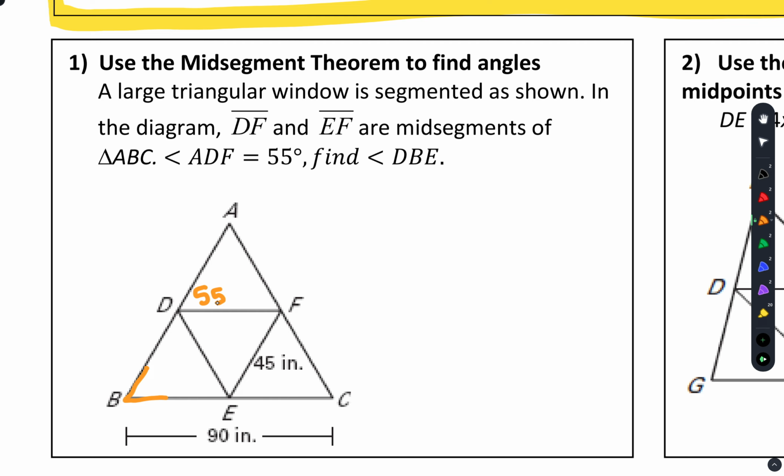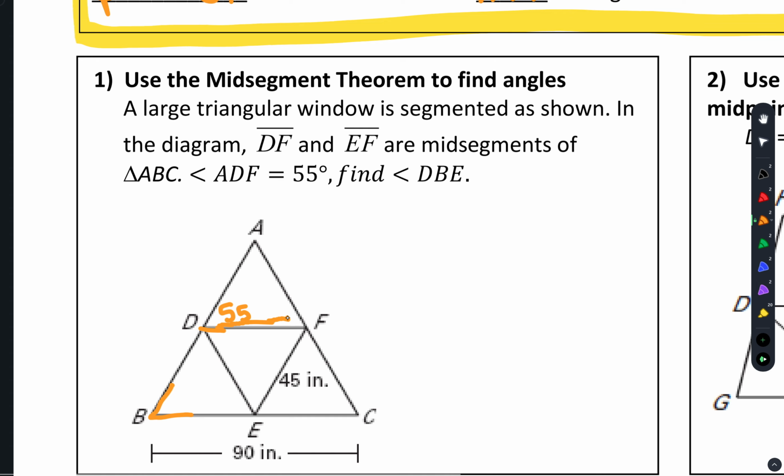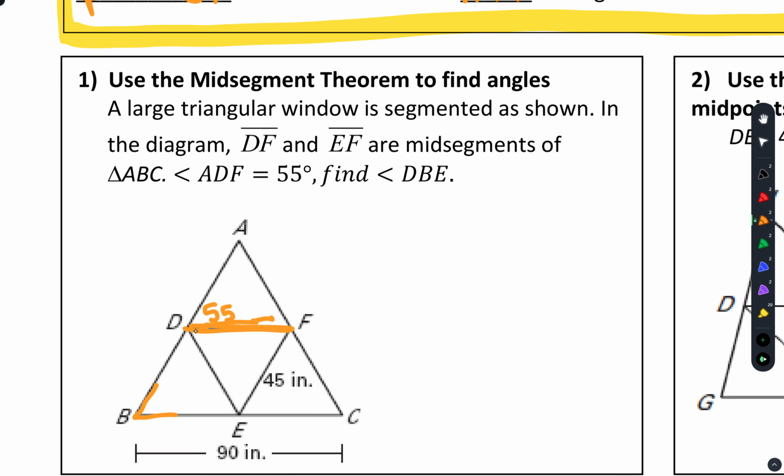I'm going to focus on DF here. If DF is a midsegment, that tells me that it is the midpoint of each of these sides, which doesn't really help me because I'm looking for angles. But it does tell me that DF is going to be parallel to this base right here, BC. So these two lines are parallel.